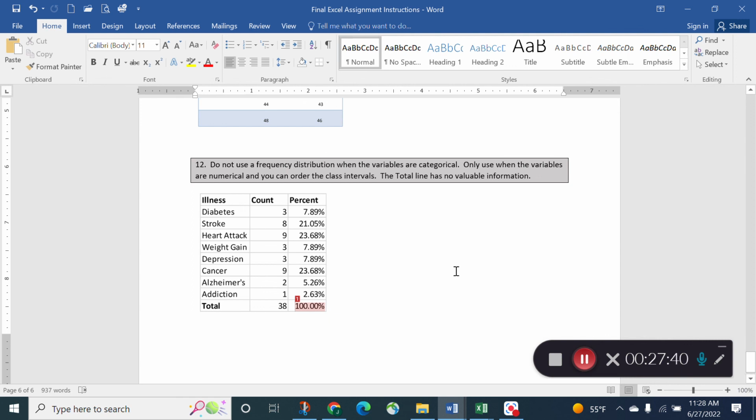And then here, I guess they were trying to do a frequency distribution, but you really can't do this based on things that are not class intervals, because the way this question was set up is similar to your number 13, because there was a list of illnesses, and the people could select up to 3 that they did not want to happen to them.